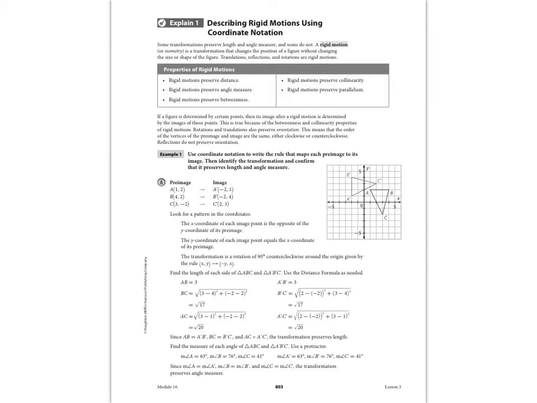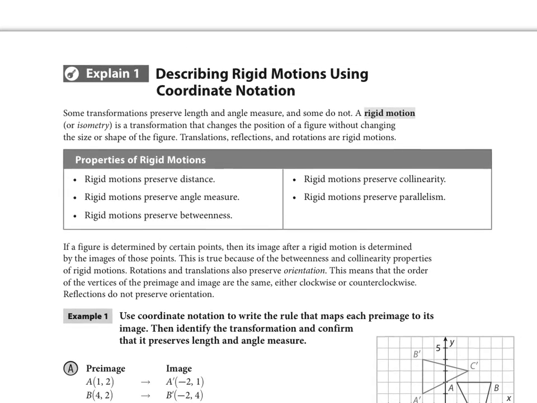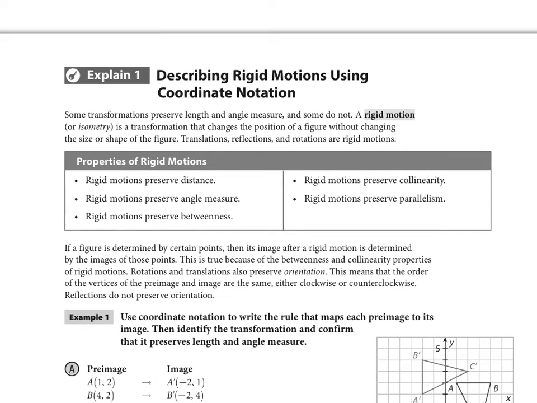At the top of page 803, we're going to be looking at rigid motions. You'll want to be familiar with non-rigid motion as well, but rigid motions are defined by these properties. Rigid just means when we do a transformation on something, it's going to keep the same length of all the sides.